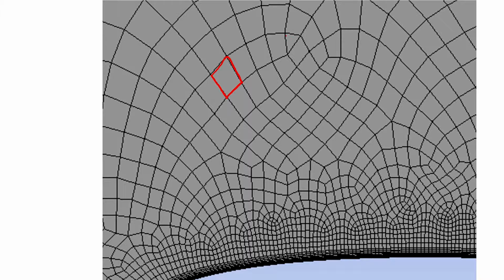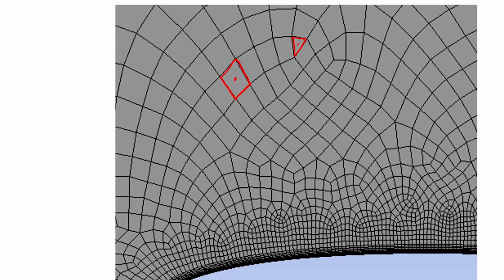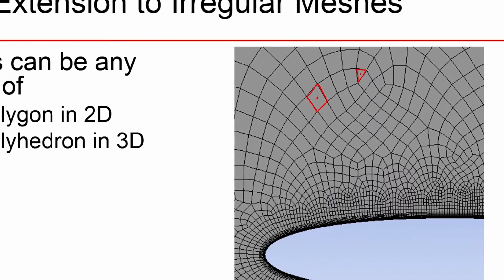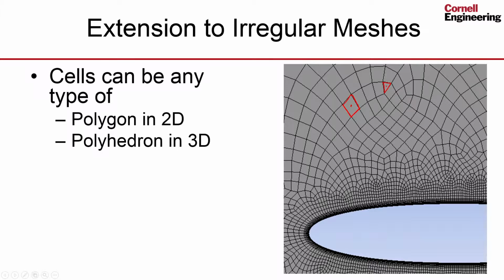Here's a triangle. And we are going to solve for the values of pressure and velocity at the centers of these cells, similar as before. In 3D, the cells can be any type of polyhedron.